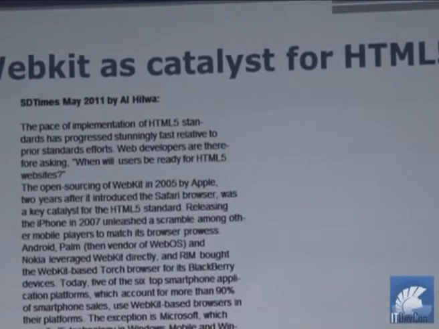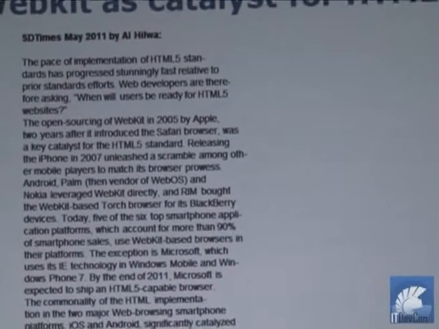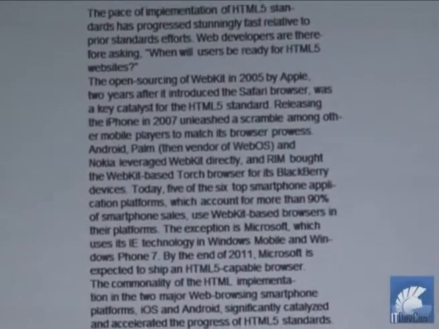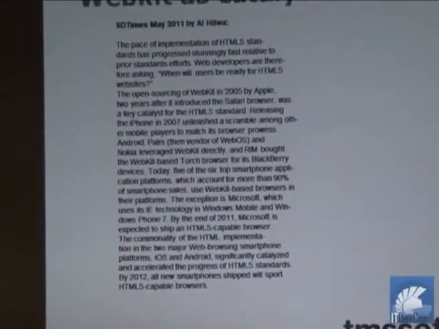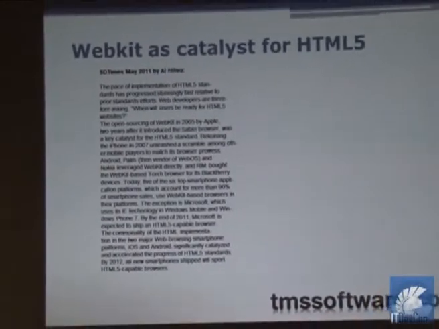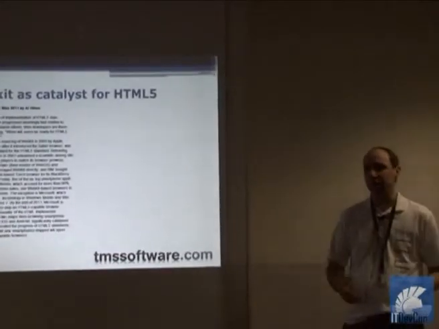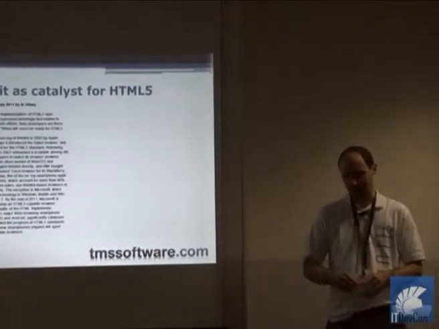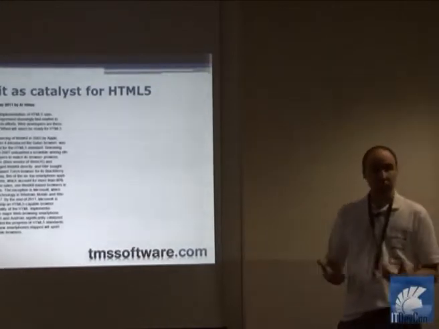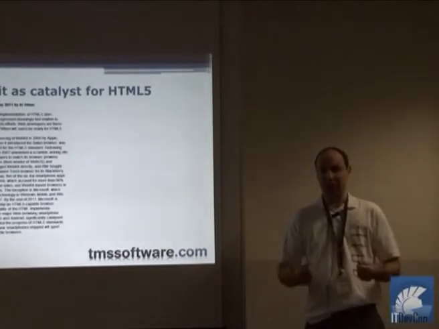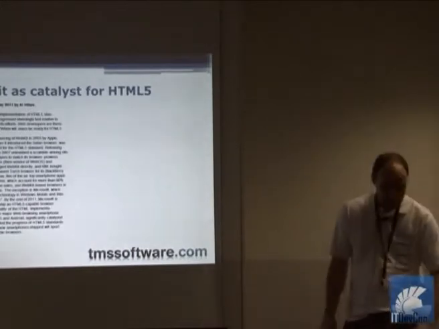This was an article that I thought was interesting. That appeared in May, I believe, this year, saying that this WebKit engine was really the catalyst to drive HTML5 acceptance. Nowadays, everyone is talking about HTML5. It's like HTML5 is the new hype, and if your app is not using HTML5, it's old, etc. But the WebKit engine was actually one of the first engines really driving the new capabilities that are part of HTML5.